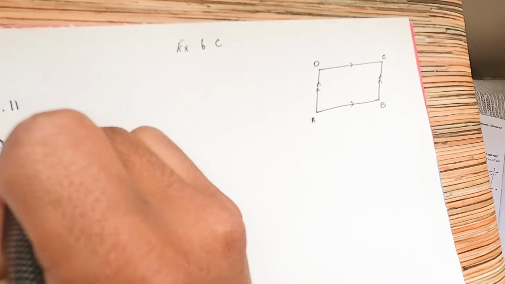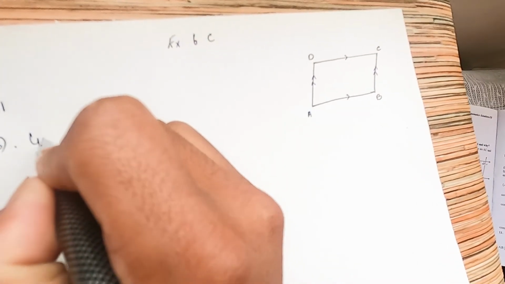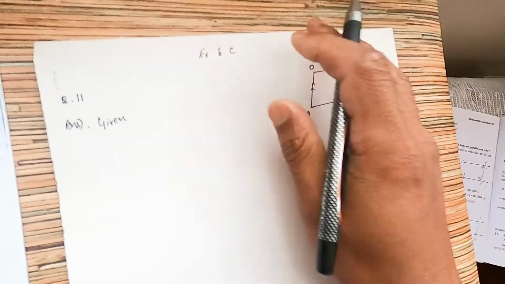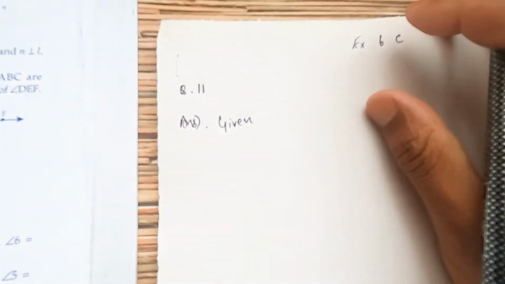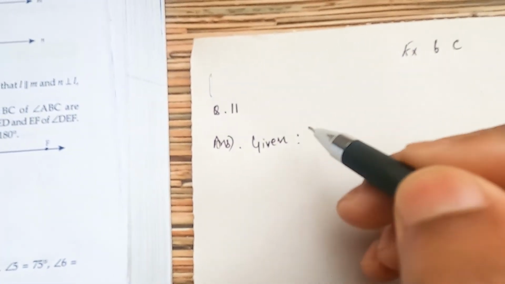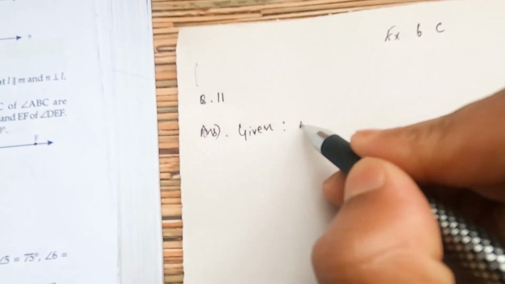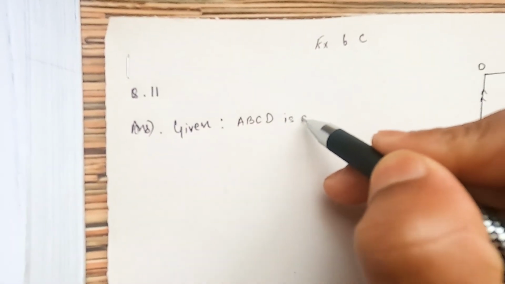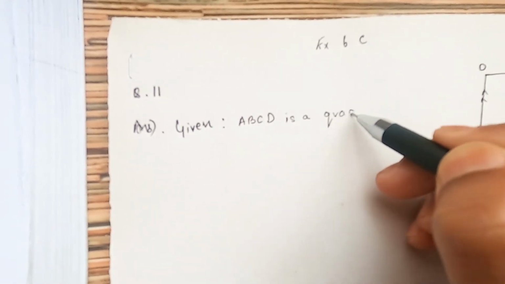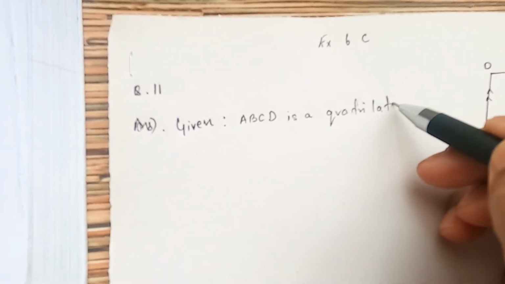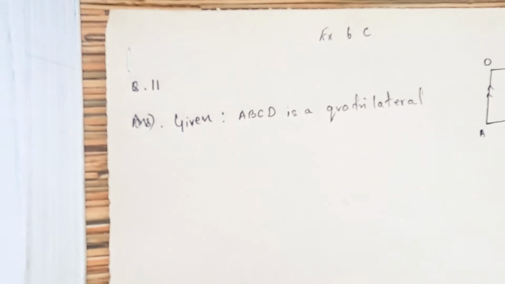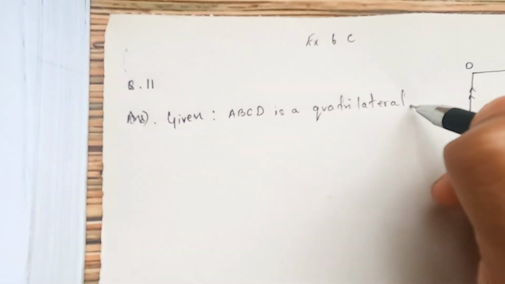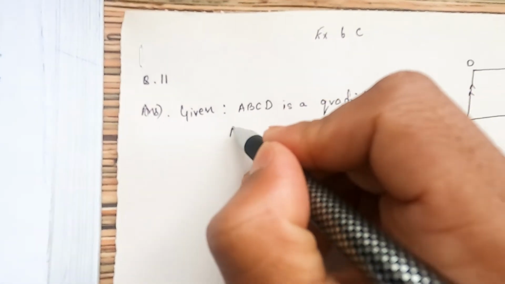All right, answer. So you write given: ABCD is a quadrilateral. And what are the conditions?